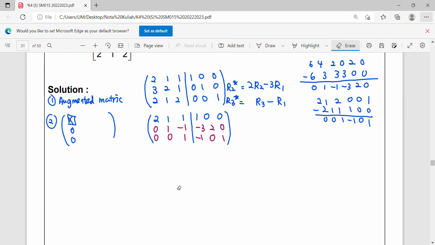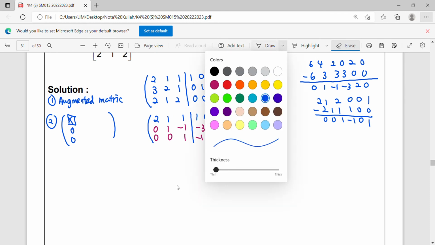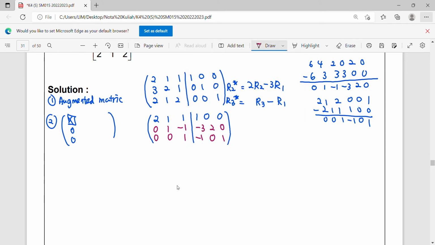So done. Then we go for the third step. Because this one is already achieved, right? So what we need to focus on here is the 0 up here and 0 up here. Means this value. Thank God, this one is already automatically 0. So we just need to 0 this position.